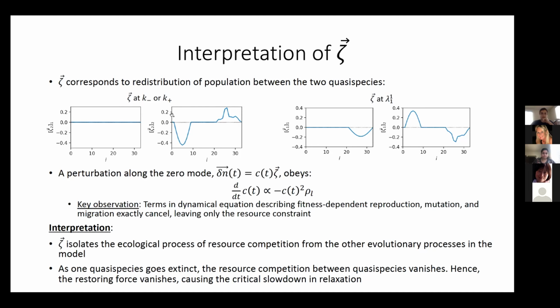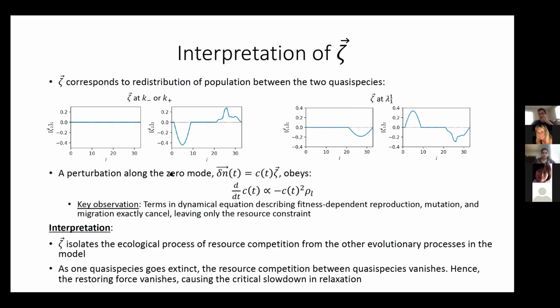You can see that it corresponds to a decrease in the population of one quasi-species and an increase here in the other, or vice versa. It could be an increase in this quasi-species and a decrease in this other one. And the same intuition applies over at this other critical migration rate where quasi-species 1 goes extinct. If there's a decrease in the population of this quasi-species, there's a corresponding increase in the population of the other, or vice versa.